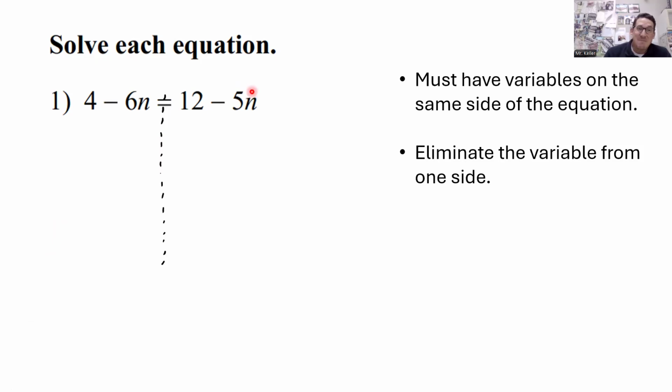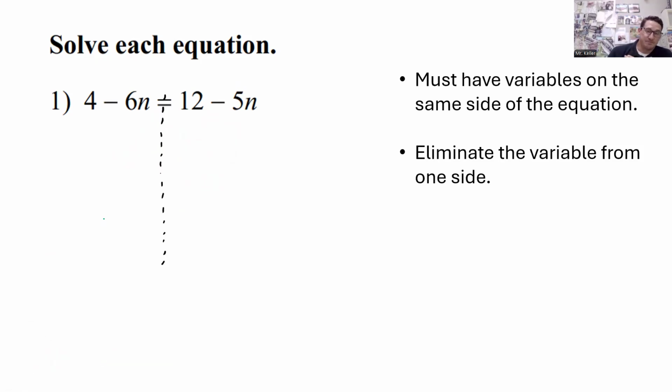Again, it doesn't matter which variable or which side the variable is on. To make it easier, there's certain things you can do to make it easier, I should say. If you like having a positive variable to work with, you want to eliminate the variable with the lower value. Sometimes kids just like always having the variable on the left side of the equation. That's fine too. Me personally, I like to have things positive.